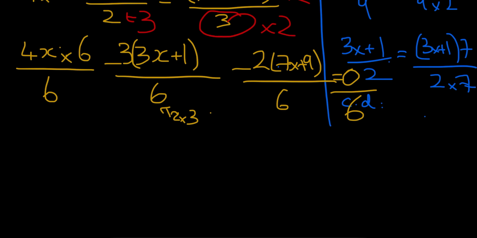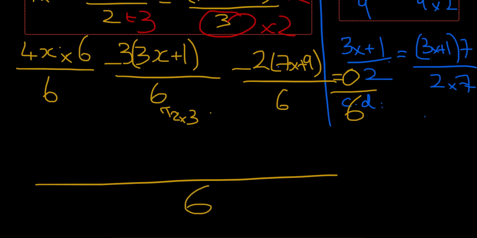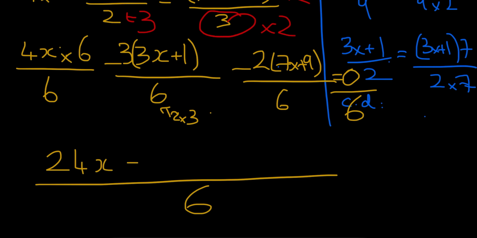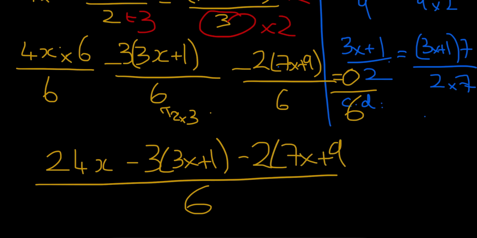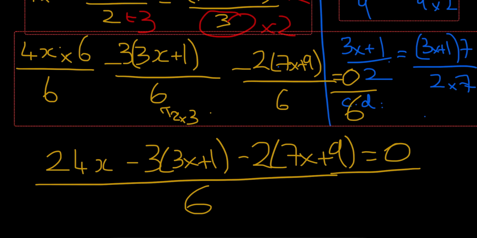Okay, now it's all over the same thing, so it can all go over 6. So we have 4x times 6. So 4 times 6 is 24, so let's write that as 24x. Now we have minus 3 times (3x plus 1), minus 2 times (7x plus 9) equals 0. Now you can just remove the 6 because it's all over it.